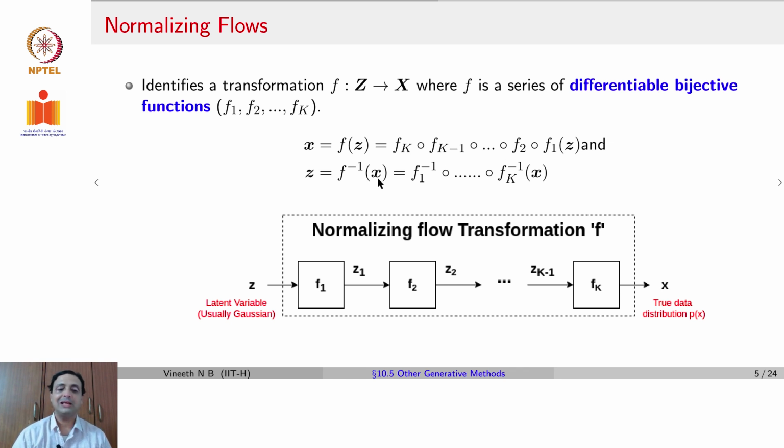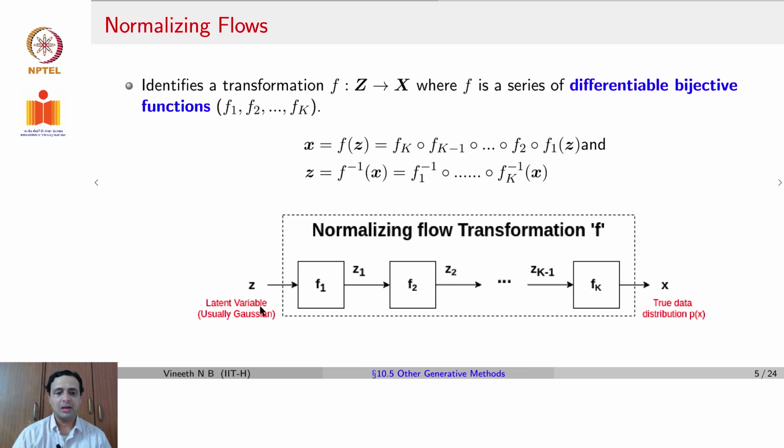And conversely, z can be written as f inverse of x, which in turn can be written as f1 inverse composed with f2 inverse, and so on and so forth till the final composition fk inverse of x.